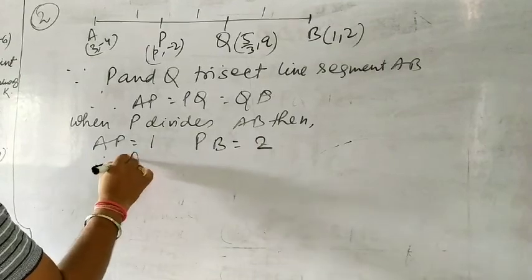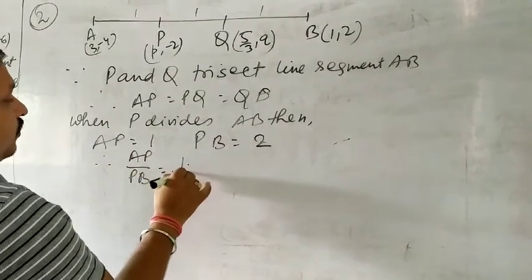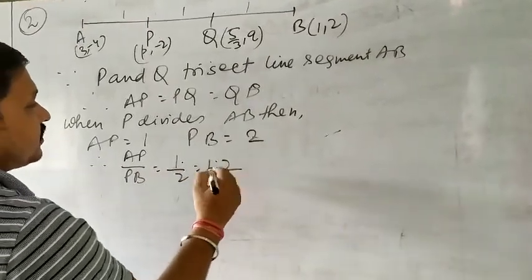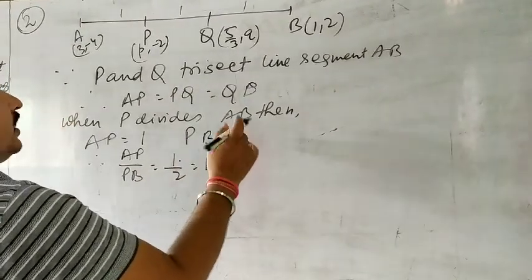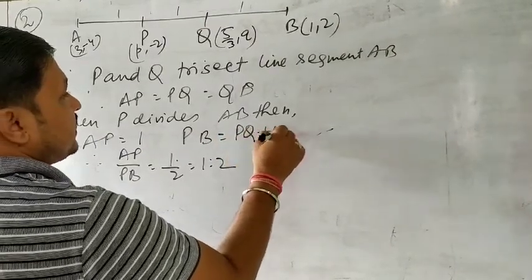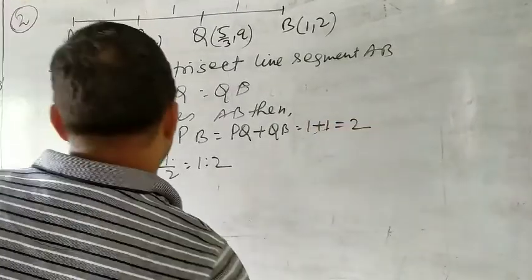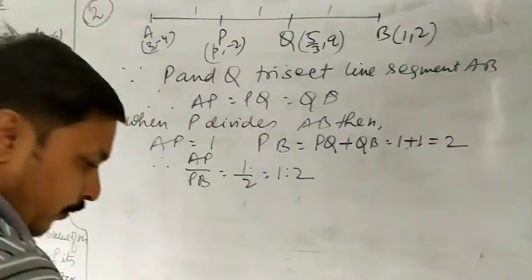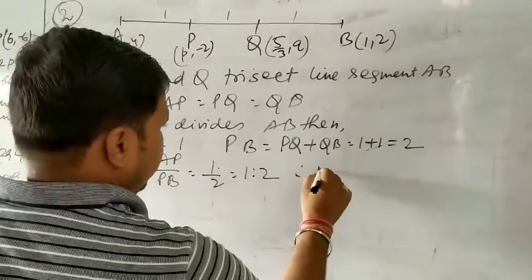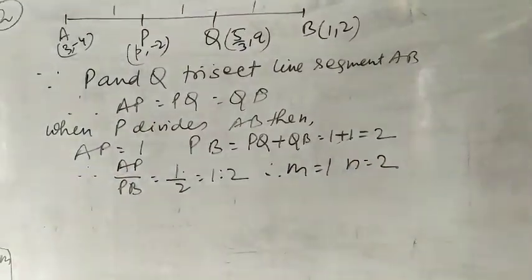So AP by PB equals 1 by 2, that means 1:2. PB equals PQ plus QB, that means 1 plus 1, that means 2. So m equals 1 and n equals 2.